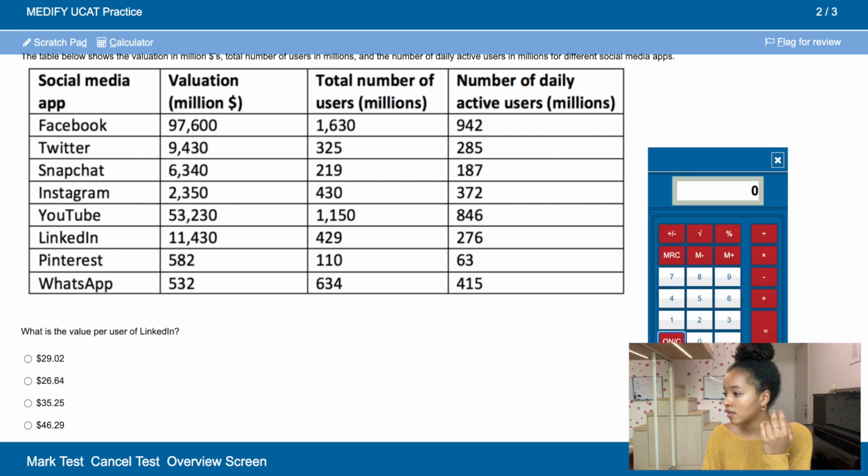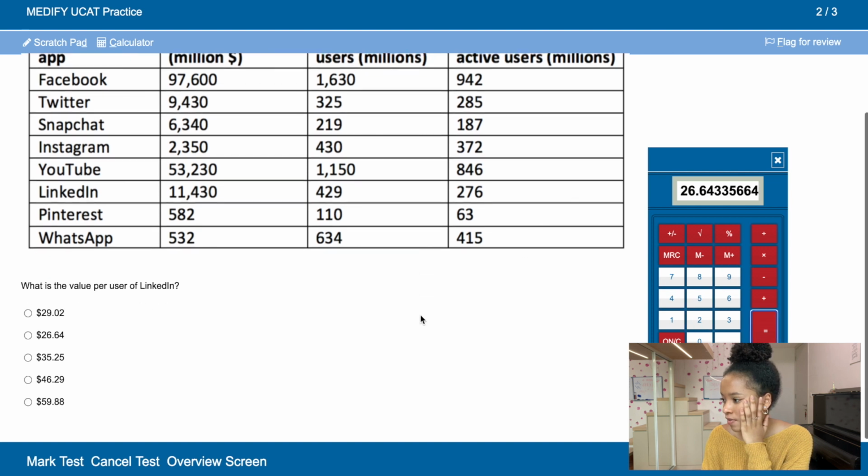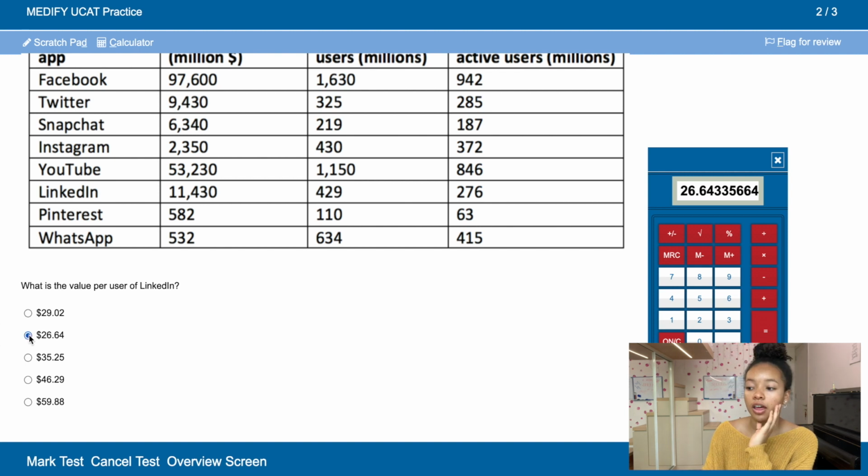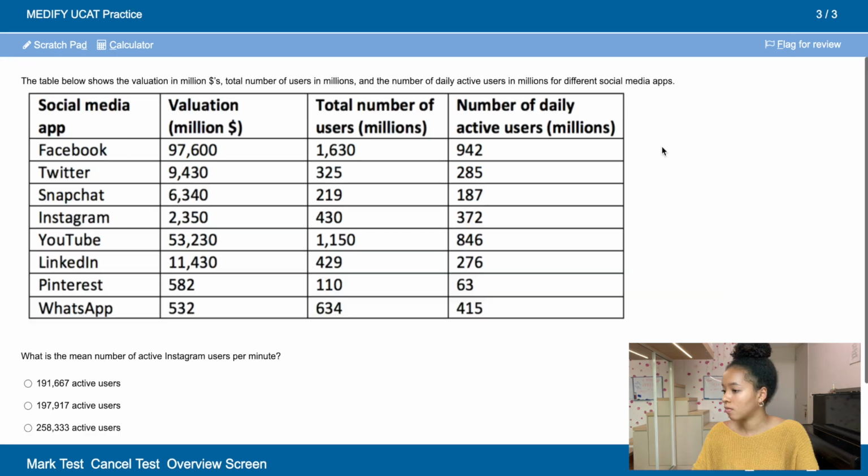So let's do that. We have 11,430 divided by 429, which gives us 26.64, which is option 2, B.